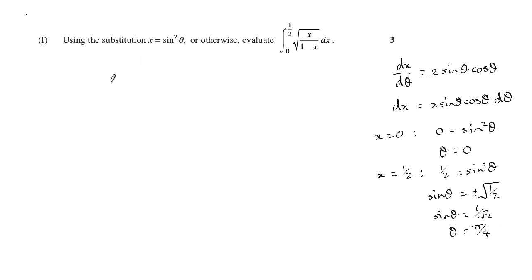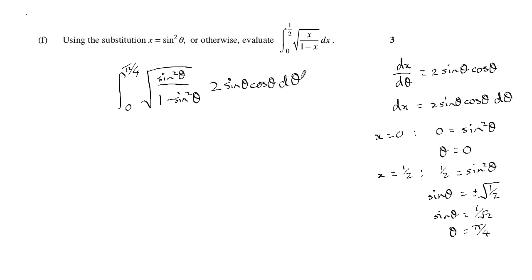Okay, so this integral becomes integral from 0 to pi on 4 of root sine squared theta on 1 minus sine squared theta times the dx, which we showed was 2 sine theta cos theta d theta. So let's simplify this a bit.